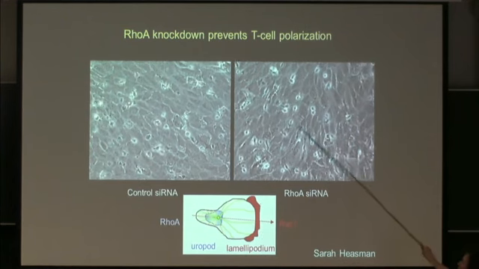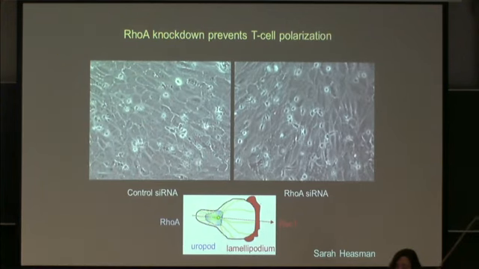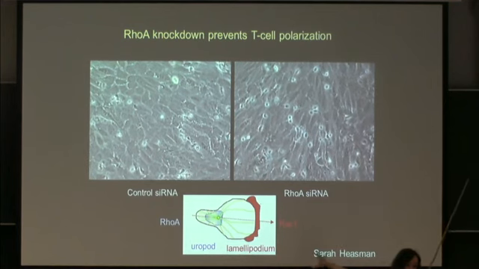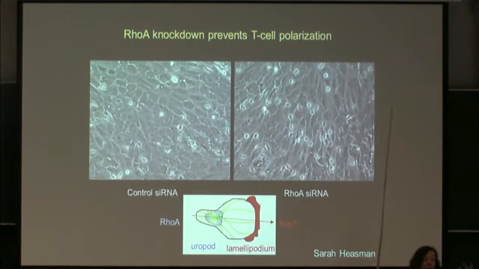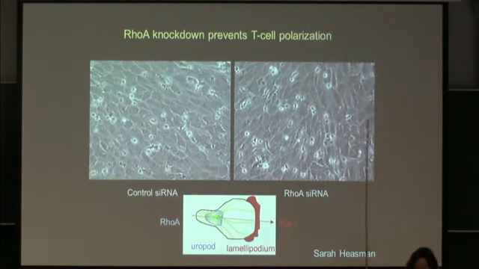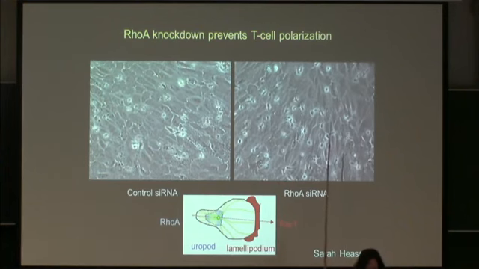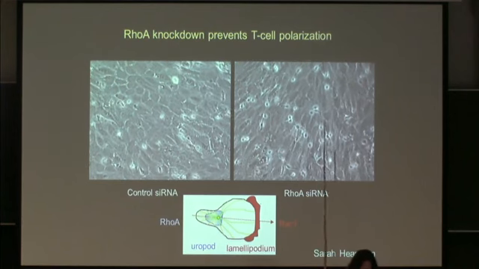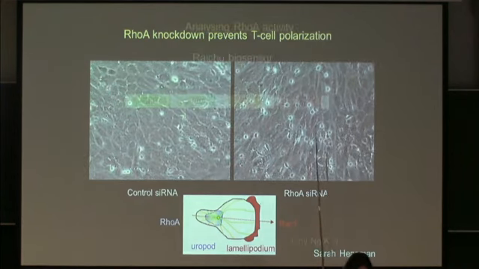So we just have two very thin protrusions, but the cell can't cross. So from this we can conclude the cells actually can attach fine without Rho A because they're attached to the endothelium. So this isn't affecting attachment, but it is affecting polarity of the cells. So cells can't polarize and they can't move on the surface, so they can't find a place to cross the endothelium. So it's the second step that is affected, not the attachment.